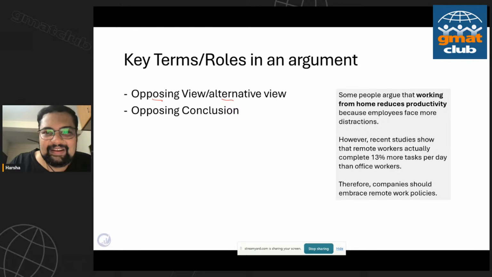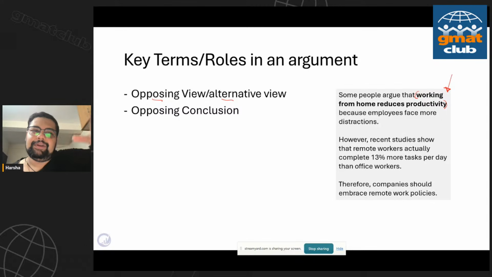Sometimes you have these cases where the author eventually wants to go against some idea. So there is an opposing view, an alternate view, some kind of opposing conclusion in some cases, if the author justifies it, right? If you look at this example, some people argue that working from home reduces productivity because of so and so reason.